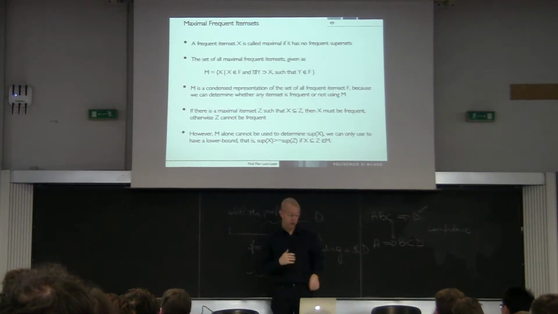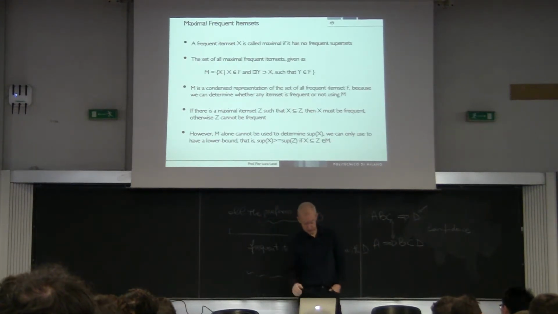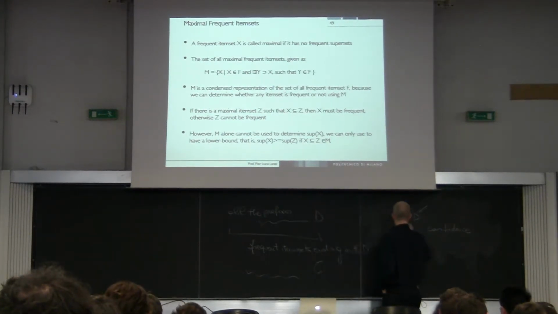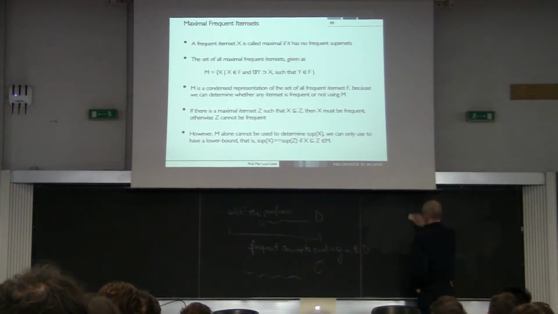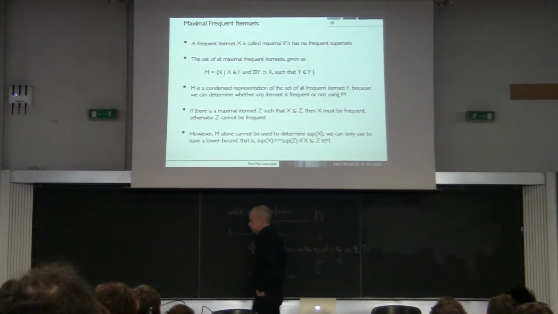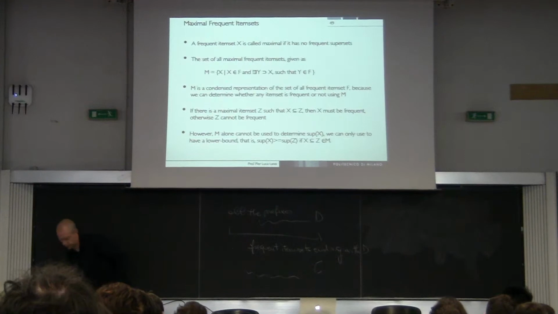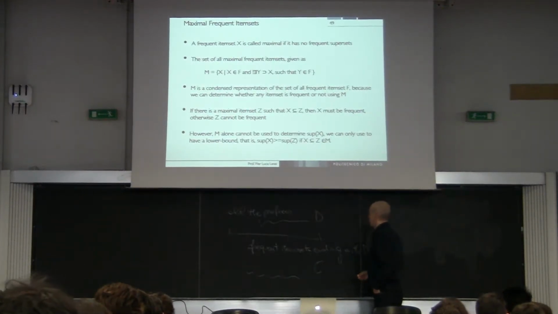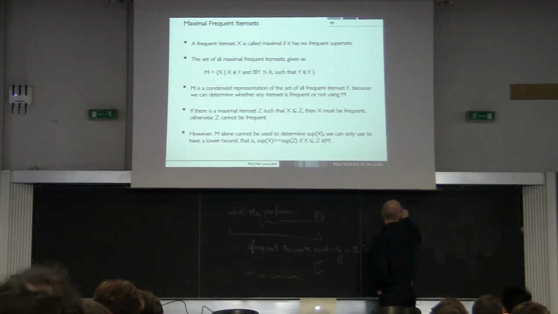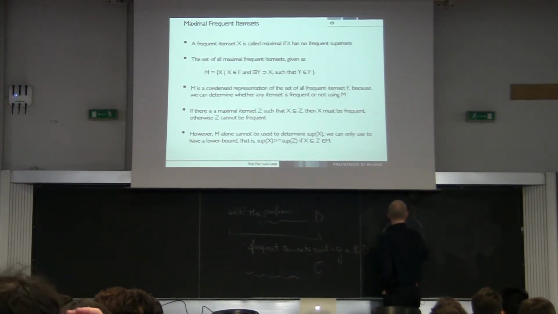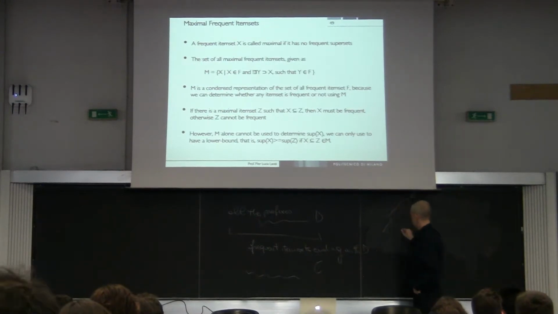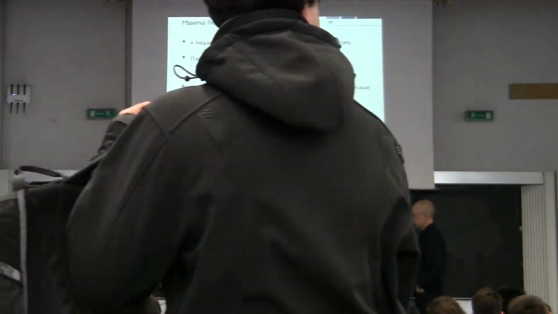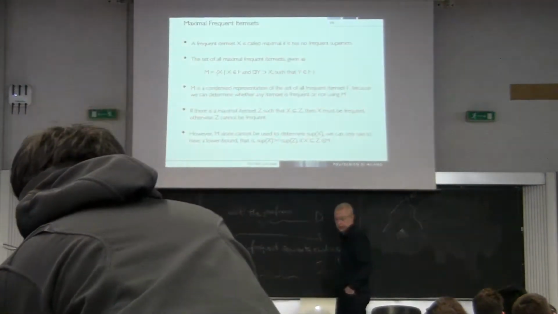I will show you later, but if you consider the search tree, the apriori tree, a maximal item set tells you that you started from your empty node, you're right here, and this is maximal, you didn't continue afterwards, because there was no superset that was frequent.